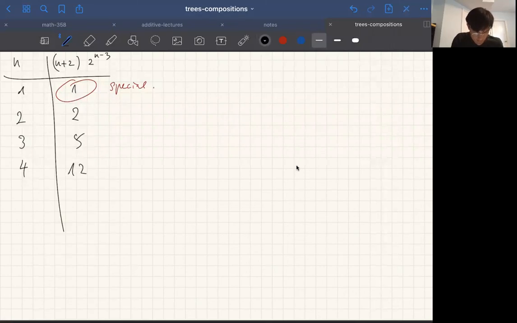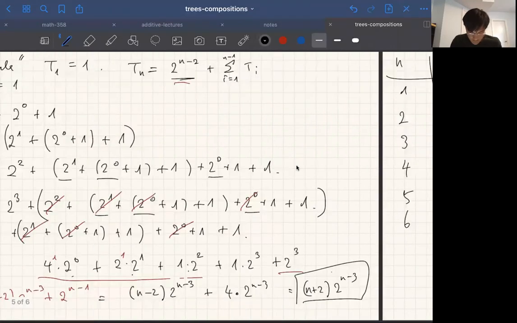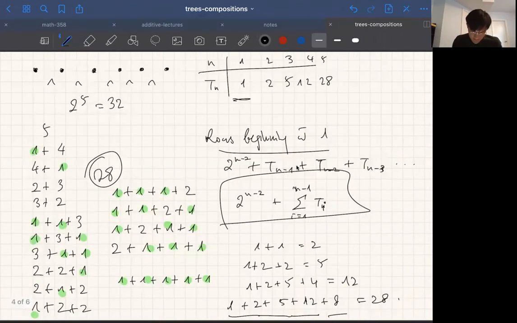It's 12. 5, it's 7 times 4, 28. And so it's saying that 6 should be 8 times 8, 64. Okay, so I think that we've counted correctly the number of compositions of n.